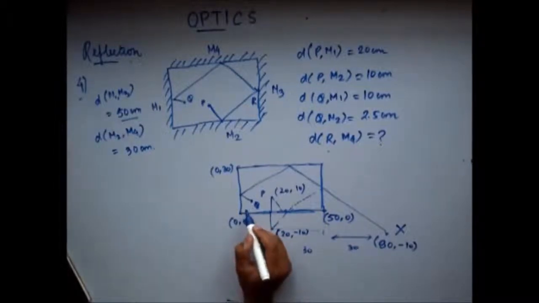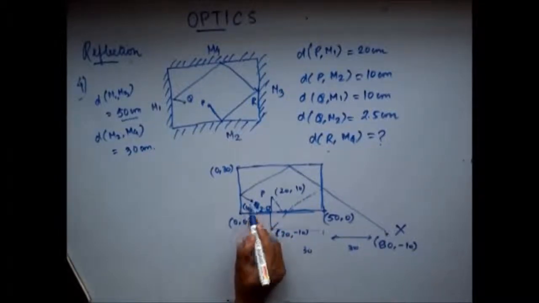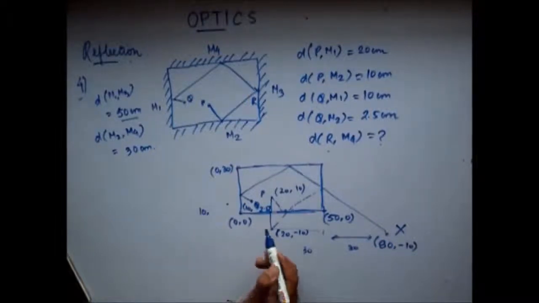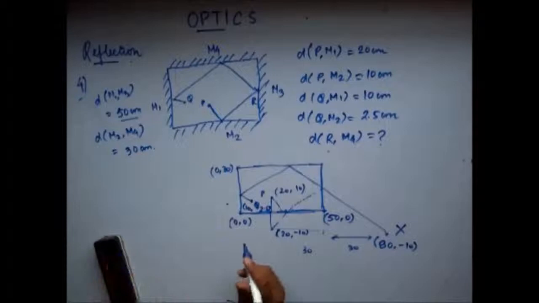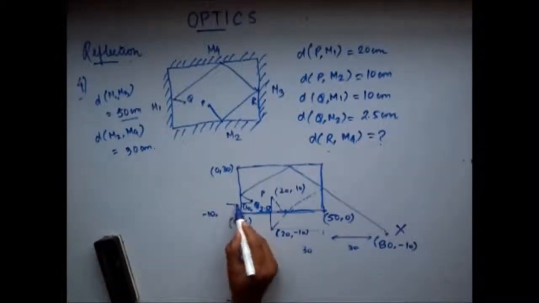The coordinates of this point: the x coordinate is 10 because it is at a distance of 10 from M1, and the y coordinate is 2.5. So its image will be formed here with an x coordinate of minus 10, because this distance is 10, so this distance is also 10: minus 10, 2.5.